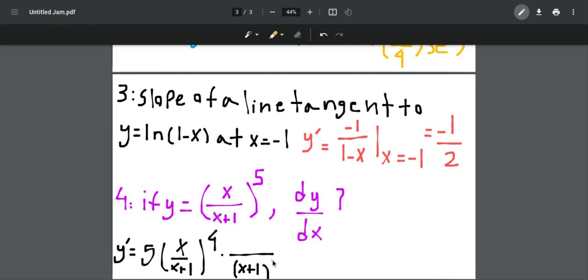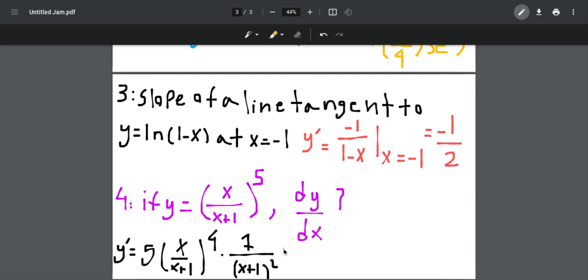And then in the numerator, we take the derivative of the numerator, which is 1, times the second, x plus 1, minus the derivative of x plus 1, which is 1, times x. When we simplify it, we just get 1, because x and x cancel.